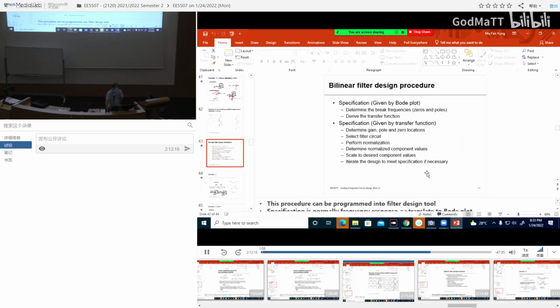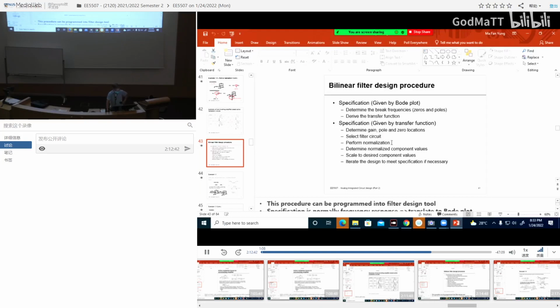So what is the design procedure? First we use the Bode plot straight line to determine the break points. Where's the zero, where's the pole. Once we know the position of the zero and pole, we can write the transfer function. Because it's bilinear, it's S plus omega Z over S plus omega P multiplied by some gain.